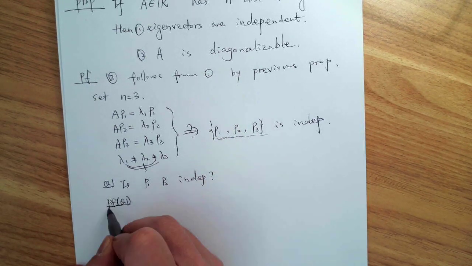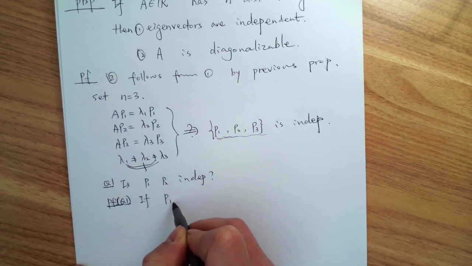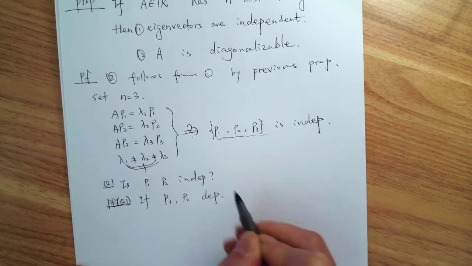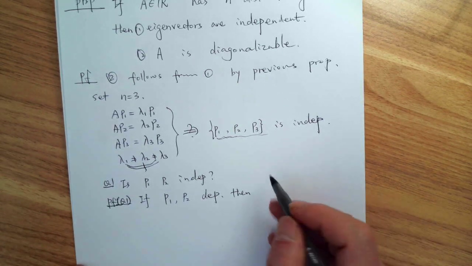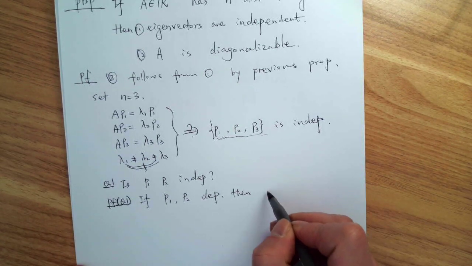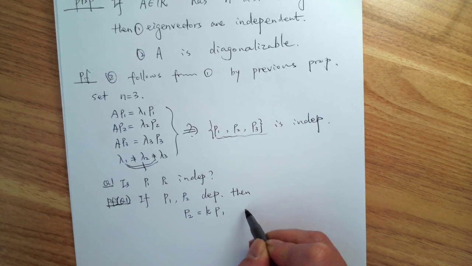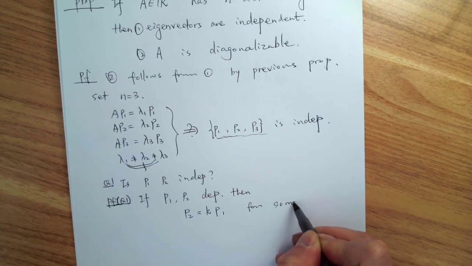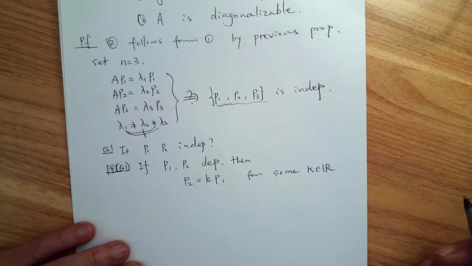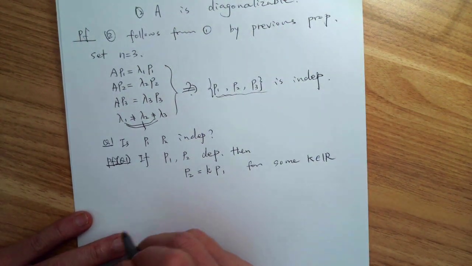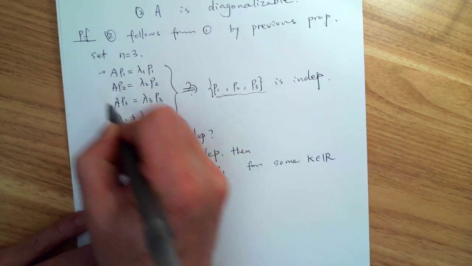If P1, P2 are dependent, then P1 is a scalar multiple of P2. Then we can write P2 is a scalar multiple of P1, P2 equals K P1 for some K in R. This was proved in one of our homework, I guess. And then we have this and this relation.